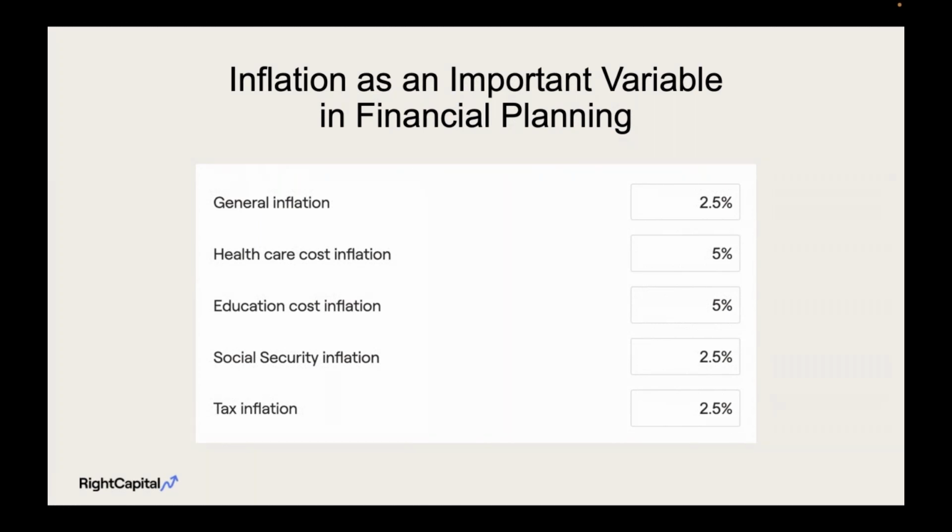We use healthcare cost inflation, a little bit increased at 5%. College cost inflation is also 5%, whether that's pre-college costs or college costs. And then we also see Social Security cost of living adjustment defaulting in at 2.5%, as well as tax inflation defaulting in at 2.5%. These are the base default assumptions that come with your software.